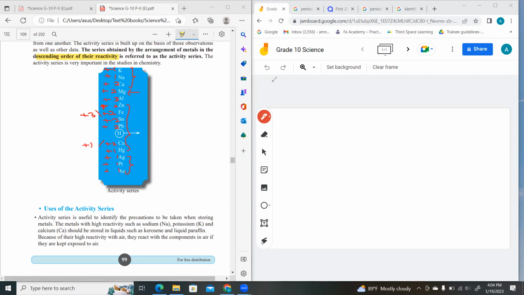So I want you all to draw the activity series first by leaving space wherever necessary. I will show you where you have to leave one line as a space, and make sure to draw this in the middle of a page because we will have notes to write in the corners. So make sure to write it in the middle and leave spaces wherever I have drawn the lines, right? Wait, I will draw the lines for you all.